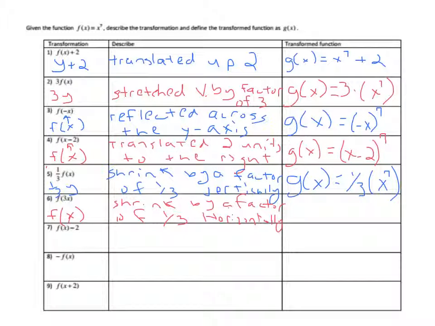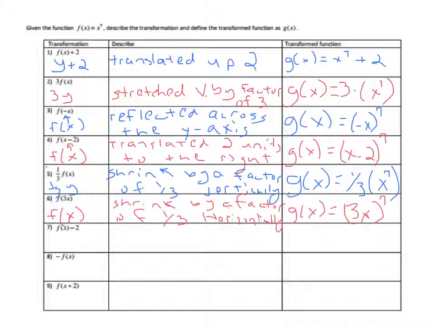So whatever we do horizontally with the x is always the opposite of what we think. And then if I put in my g of x instead of x, because my original is x to the 7th, instead of x, I'm going to put in a 3x, so it's 3x to the 7th instead.